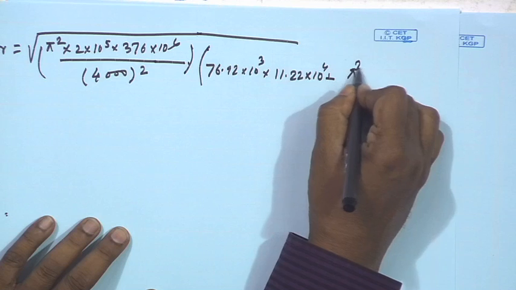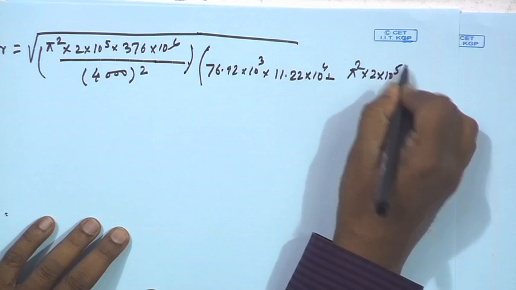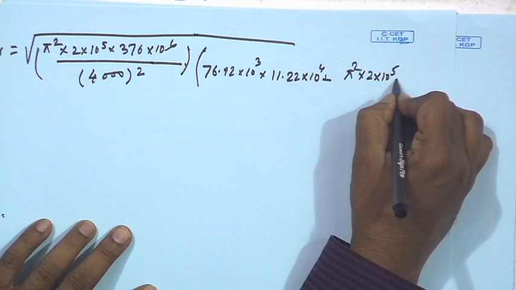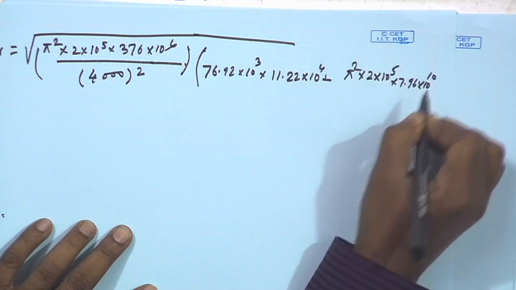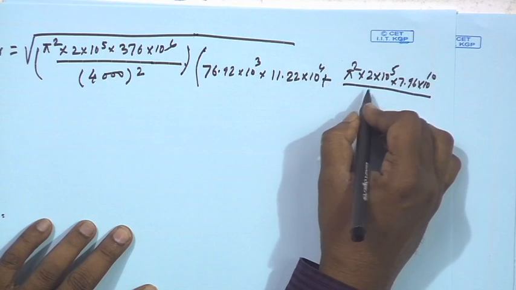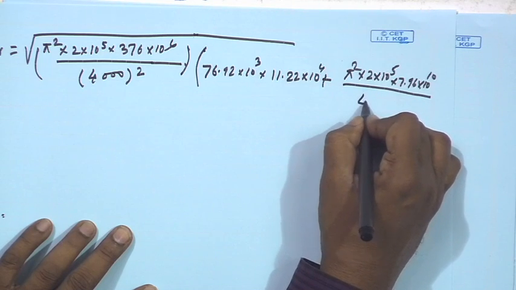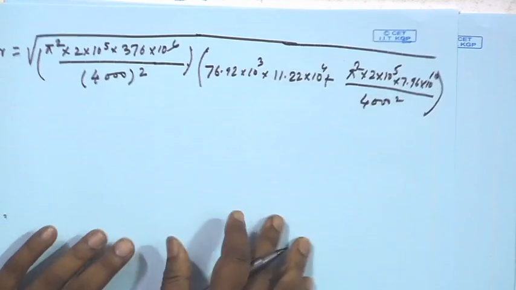pi square E IW, 7.94 into 10 to the 10, by LLT square, 4000 square, right.